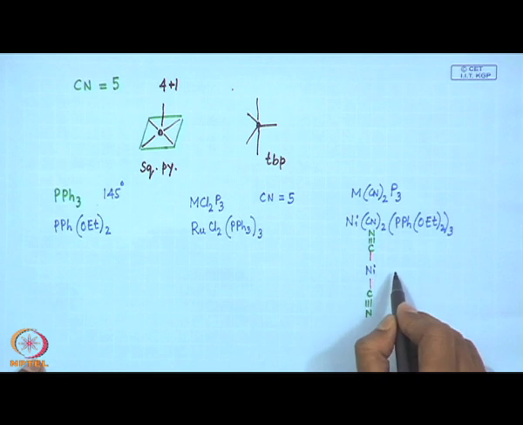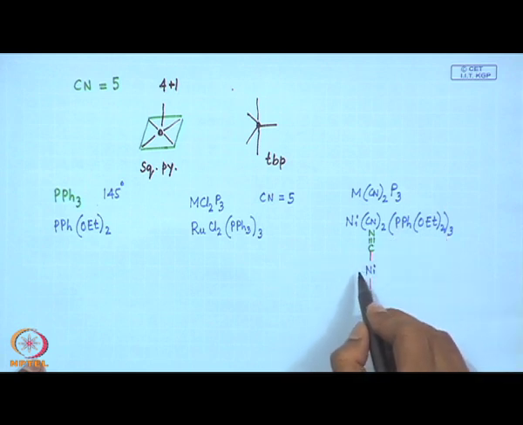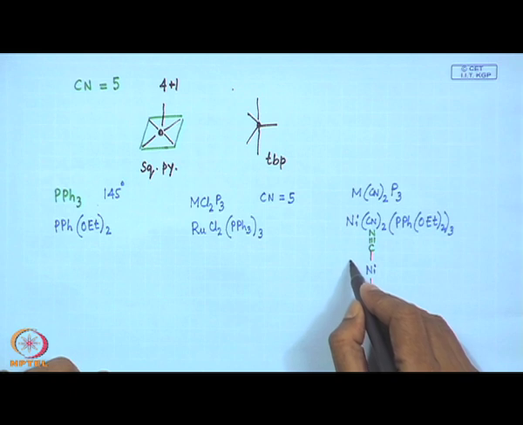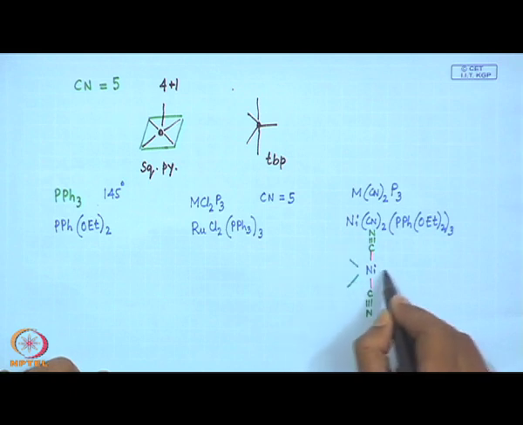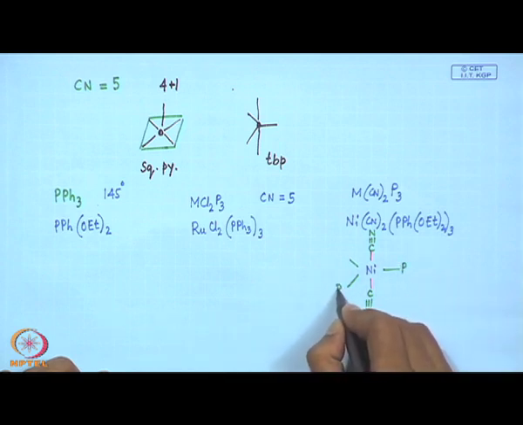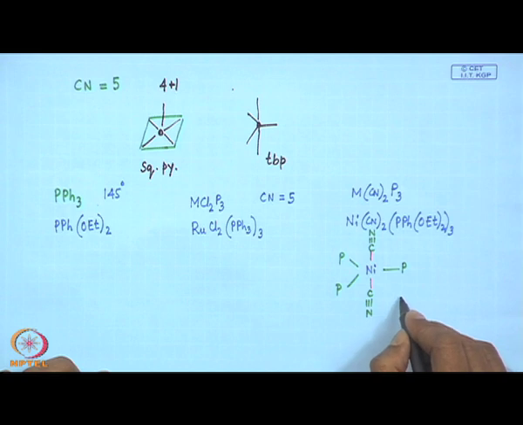If we add further CN, it will give the corresponding square planar geometry. But in case of this phosphine, we are just getting some reaction where nickel cyanide can react with this special type of phosphine ligand, where we have these 3 positions like this, and we will have now this PPh(OEt)2 as the ligand.